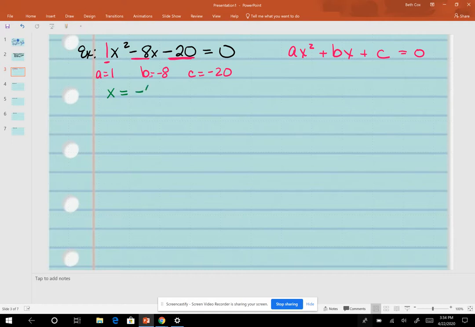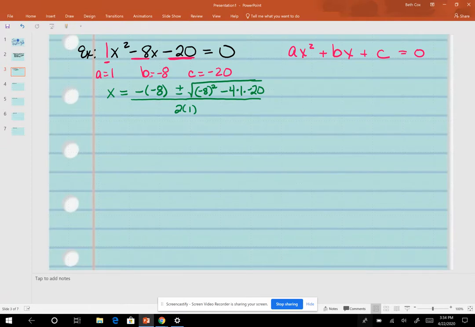So it would be negative 8 plus or minus the square root of b squared, so that's negative 8 squared, minus 4 times a times c, which is negative 20. And all of this over 2 times a. All right, so we got everything in there.